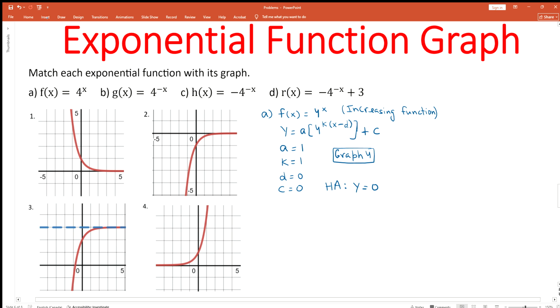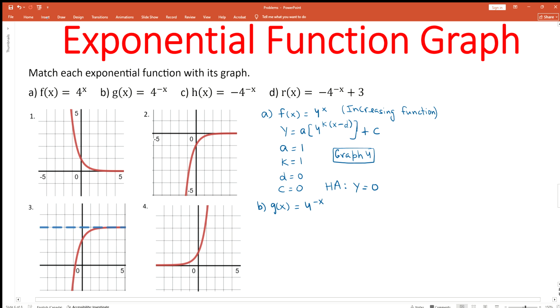Now we can analyze the second given function, g(x) equals 4 to the power negative x. The difference between function g(x) and f(x) is that there is a negative sign with x. This function g(x) has the same base 4.